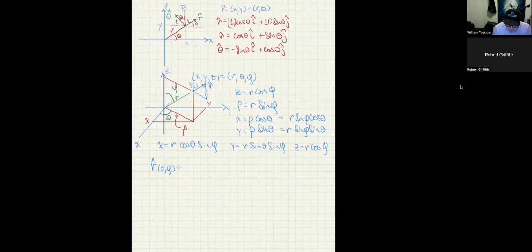And this angle is theta. So R hat is in fact going to be cosine theta times cosine phi.